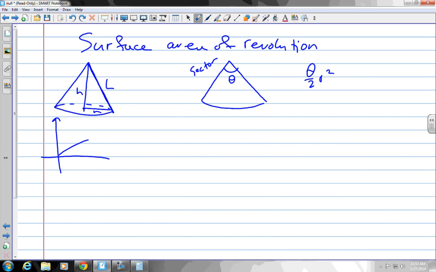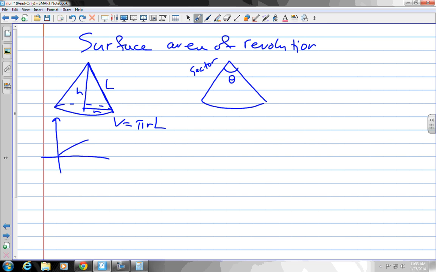Yeah, right. I don't want to do any of that. So the surface area of this thing is just pi r L. We can get all dirty with that derivation.